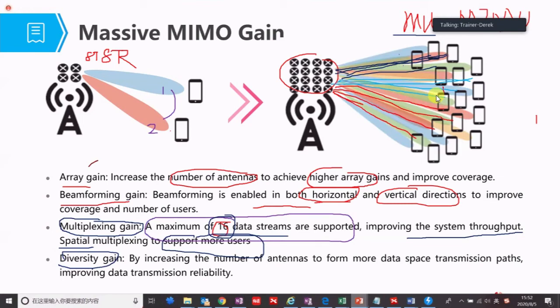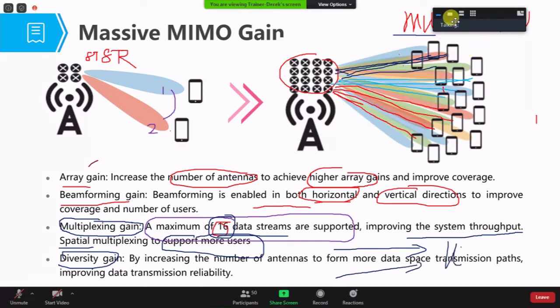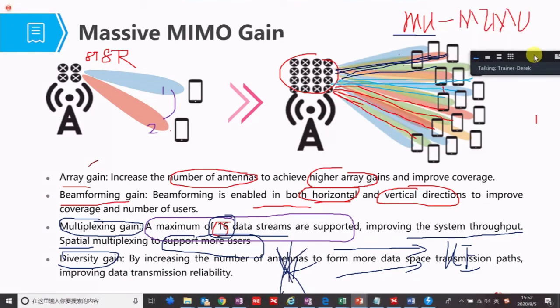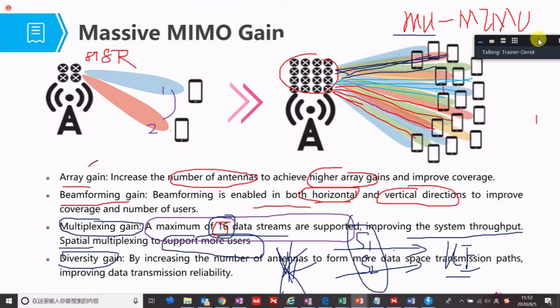So for example, this is the UE, and this is the base station antenna. The antenna can send signal 1 and signal 2 to the UE, but these two signals are the same.